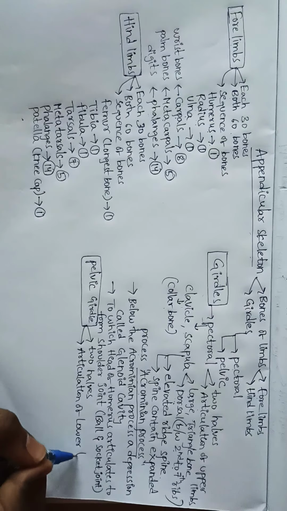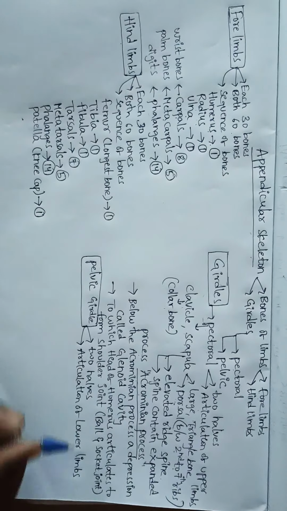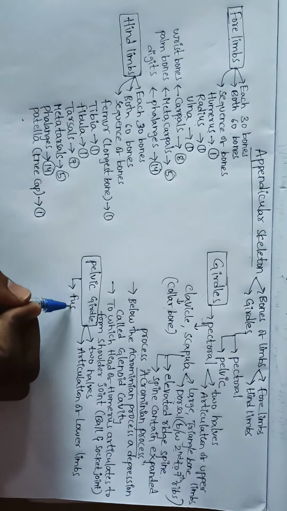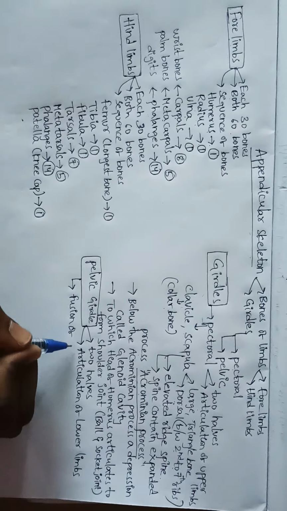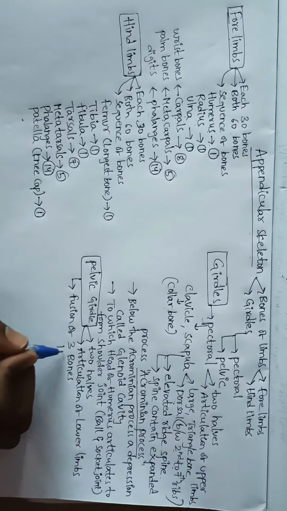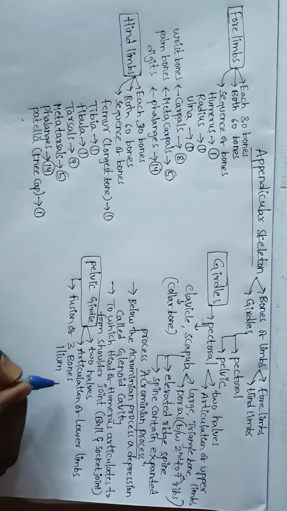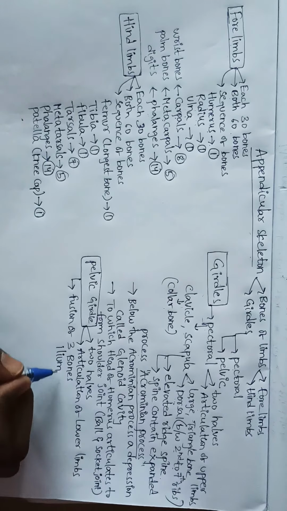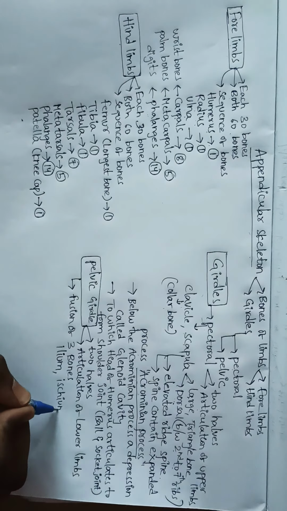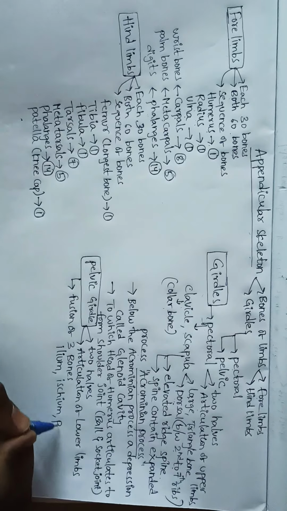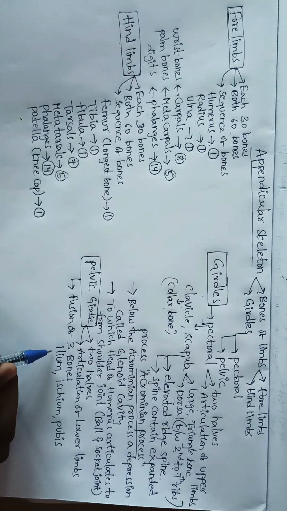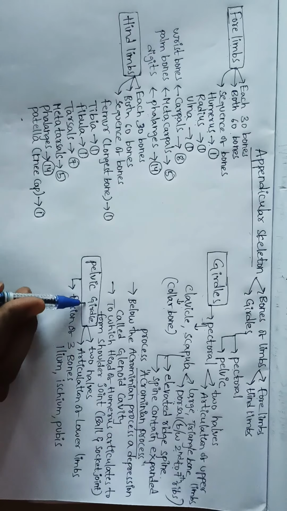Pelvic girdle is formed by the fusion of three bones. They are ilium, ischium, and pubis. The fusion of these three bones forms the pelvic girdle.